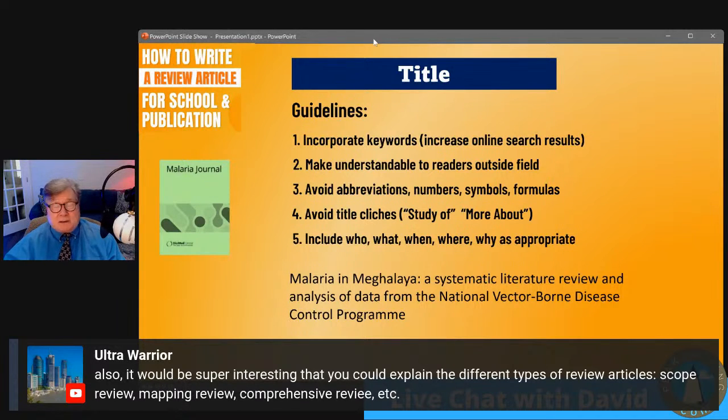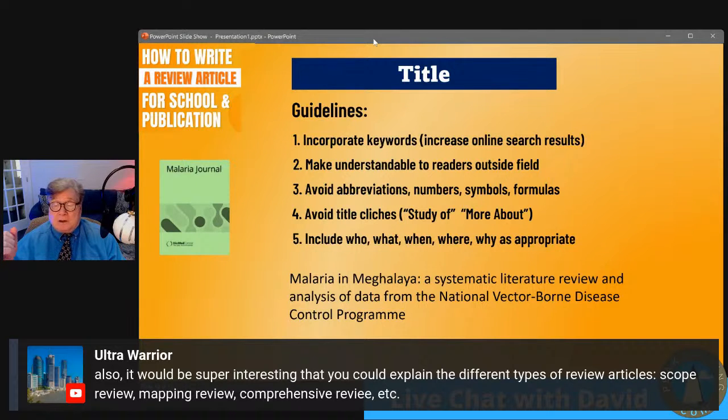So what can you expect? You know everything to expect in this article. It's going to look at malaria in a specific region of India, and it's going to do it by analyzing data. And by the way, that's another form that's called a meta-analysis, isn't it? By doing a meta-analysis of stats from this organization.